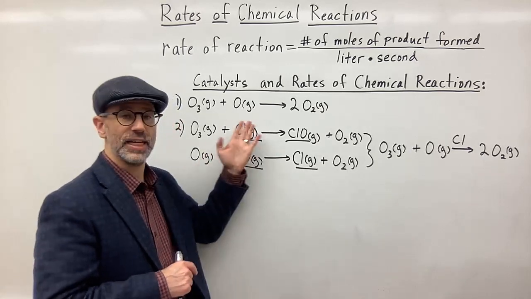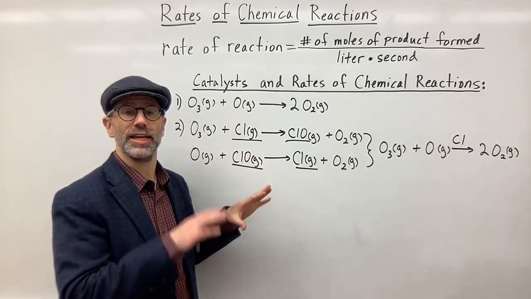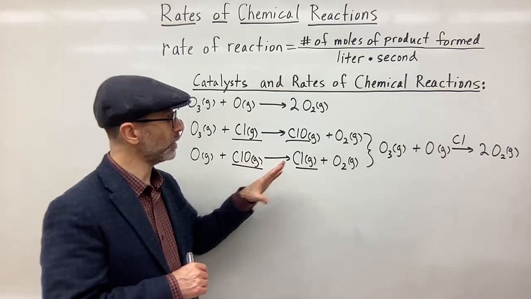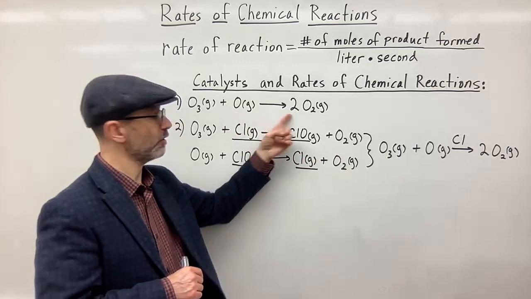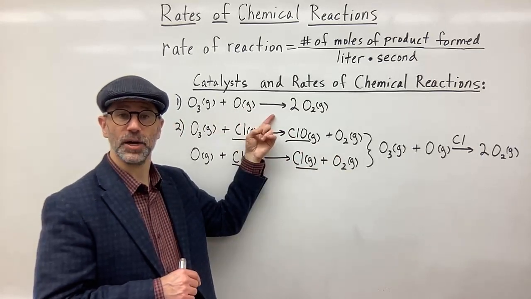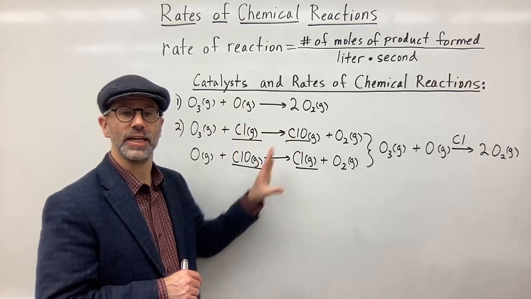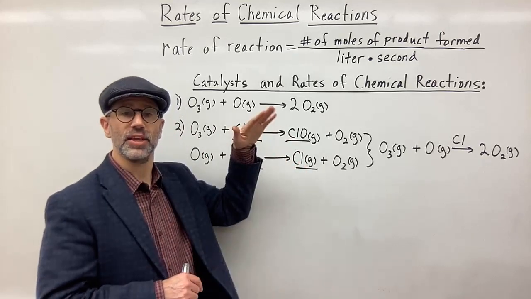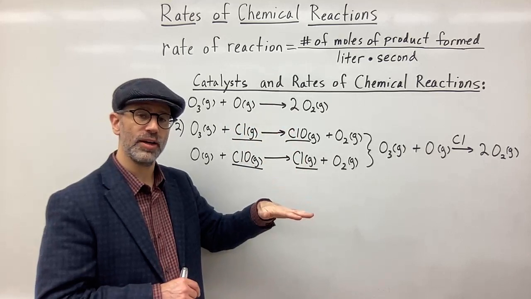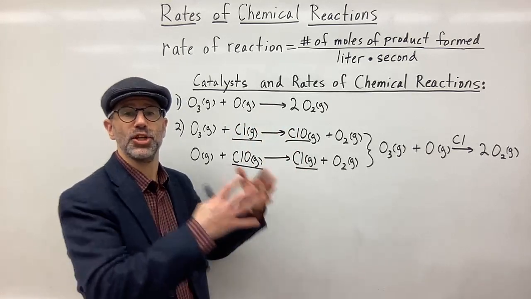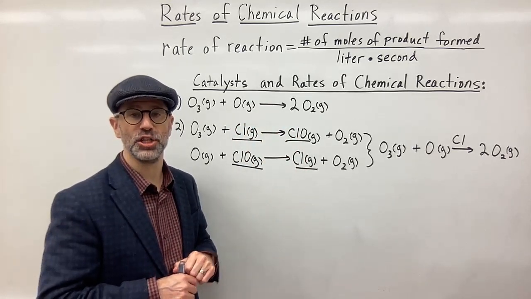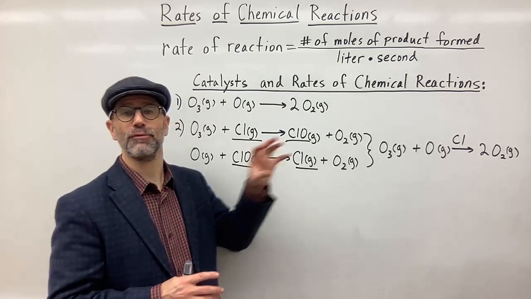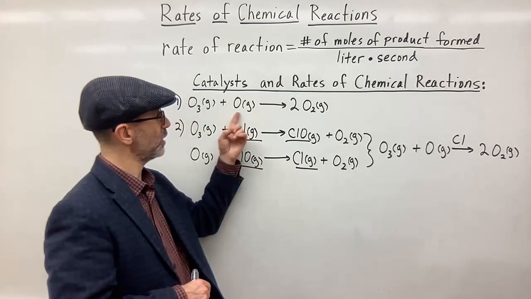So this gives a different way of forming the products from this right here. There's a different chemical pathway for these two such that the activation energy is lowered, and therefore it's much easier to overcome that activation energy barrier, form your activated complex, and form the products compared to this.